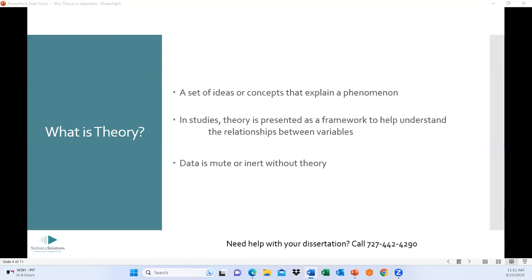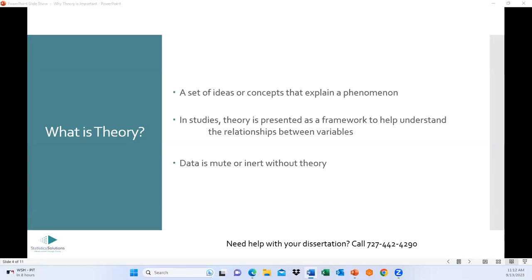For example, if we're talking about transformational leadership again, it has components like individualized consideration. Individualized consideration means that transformational leaders give this kind of individualized attention to their followers, right?